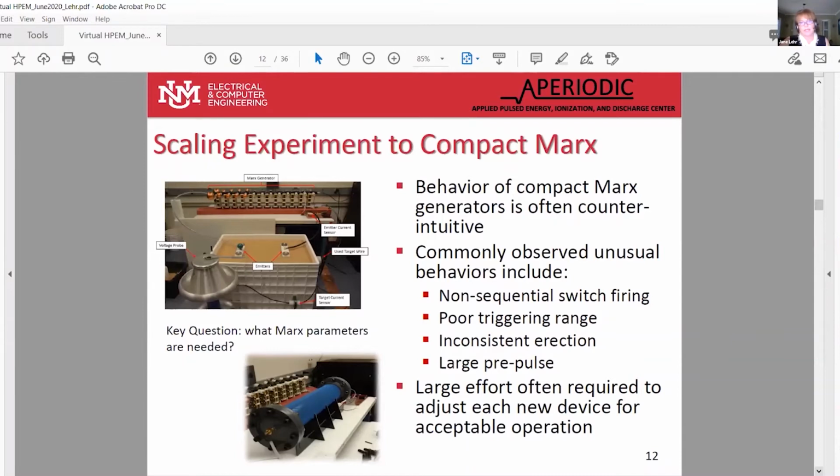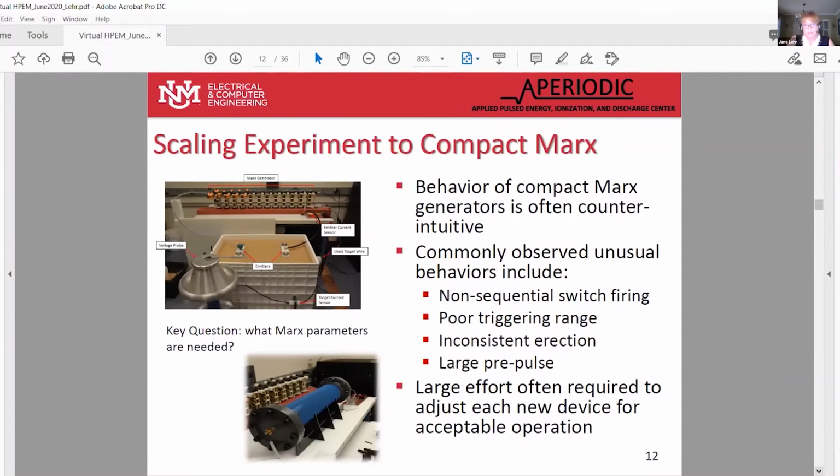It was a Marx that had the stages arranged so that we could independently test voltage and power or energy. And from that, we used that to do a scan. We derived some Marx equivalent parameters, and we built a Marx that's shown there in the bottom. They call it the blue Marx.